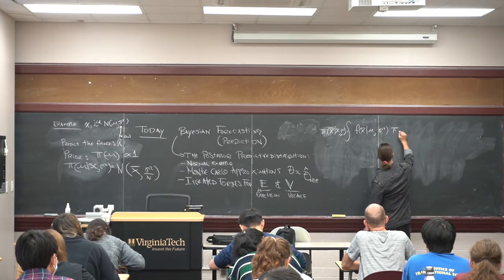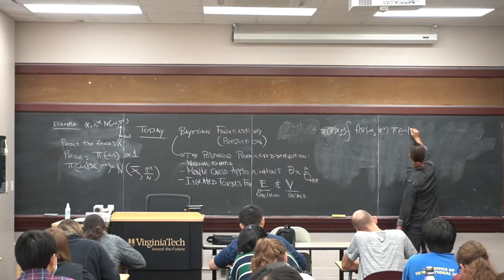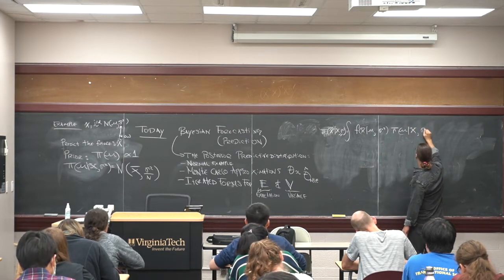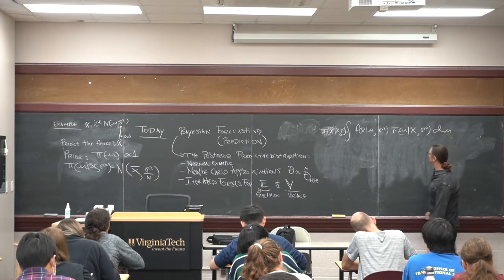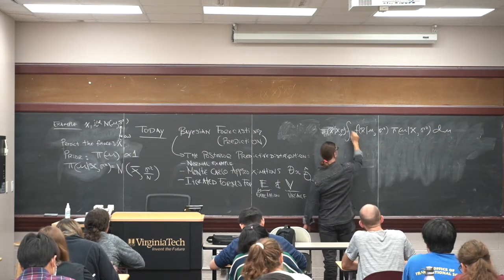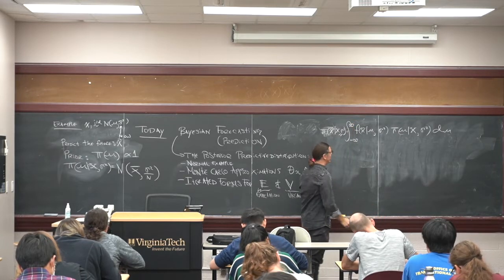And then I'm going to have my posterior distribution, mu given x and sigma squared, d mu. I'm going to integrate between negative infinity and infinity because that's where mu lives.